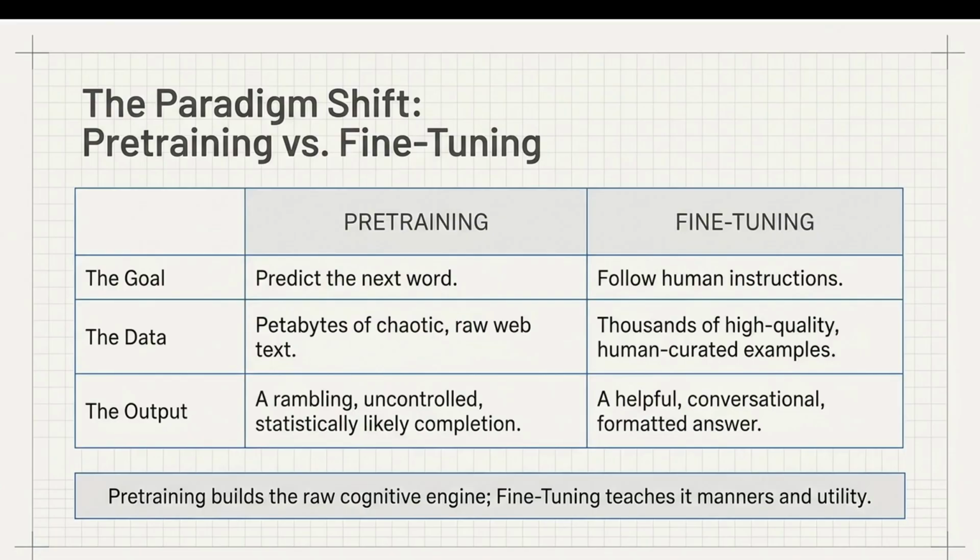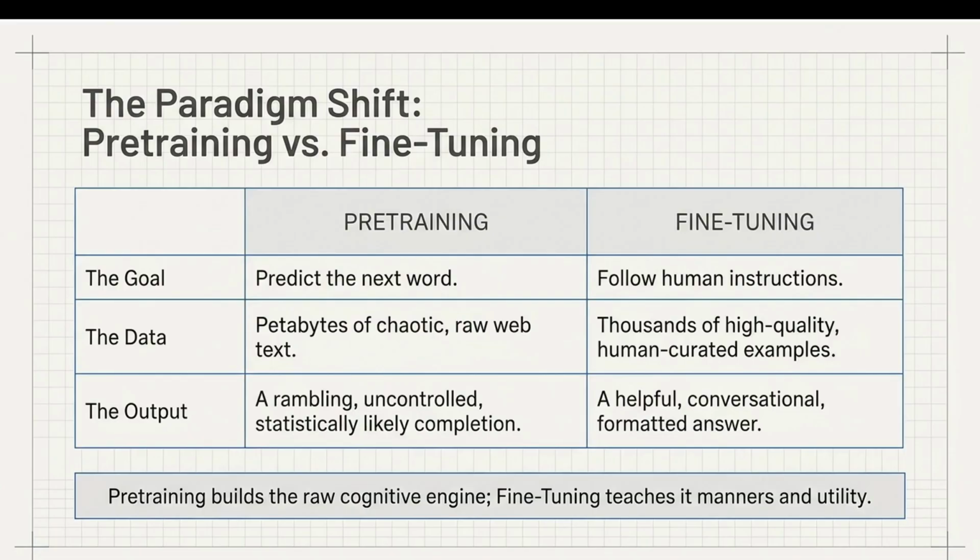As for the output, with a pre-trained model we get an output that cannot be controlled, a statistically likely completion. Consider a scenario where you ask anything and it can give an answer to anything without any restriction to a particular domain.